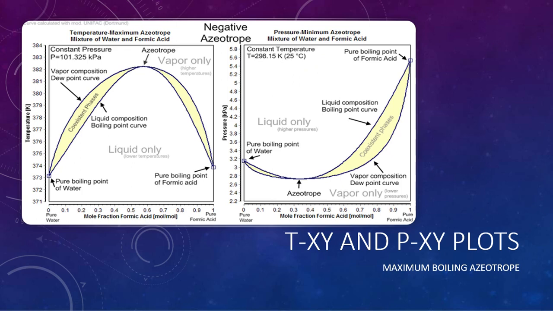You can go through other examples and you'll get similar kinds of plots. Composition-wise, the nature of the graph may vary, but for the pressure plot you'll get a minimum, and for the temperature plot you'll get a maximum in case of a negative azeotrope. So this is our takeaway concept from the txy and pxy plots.